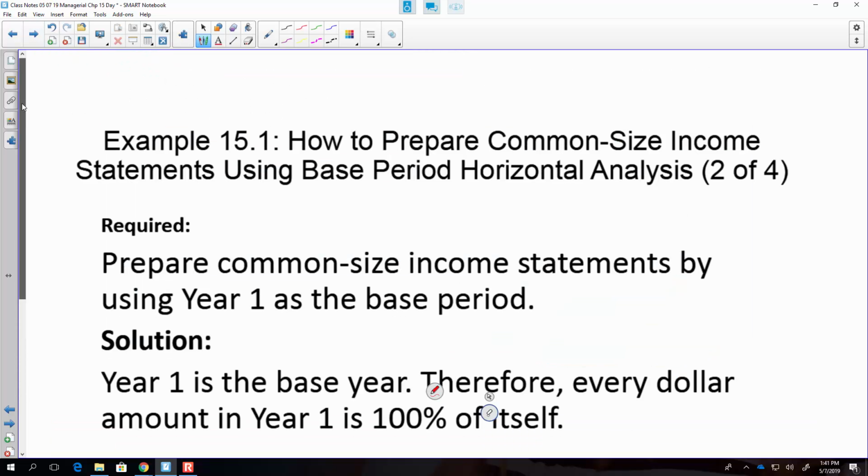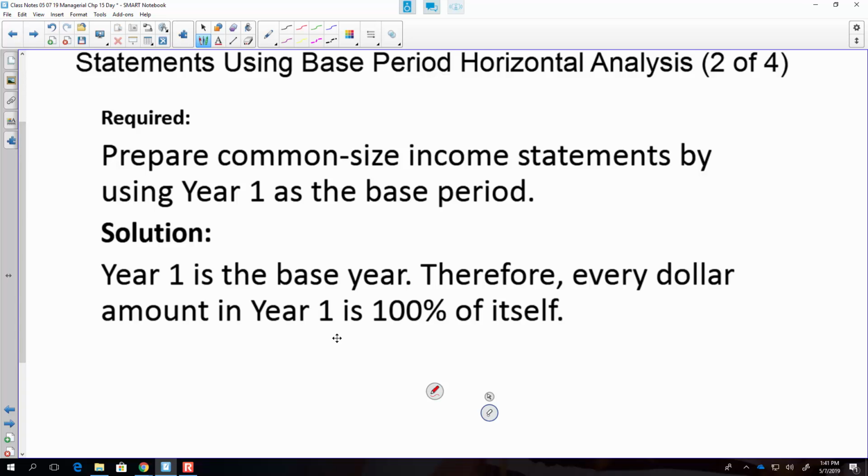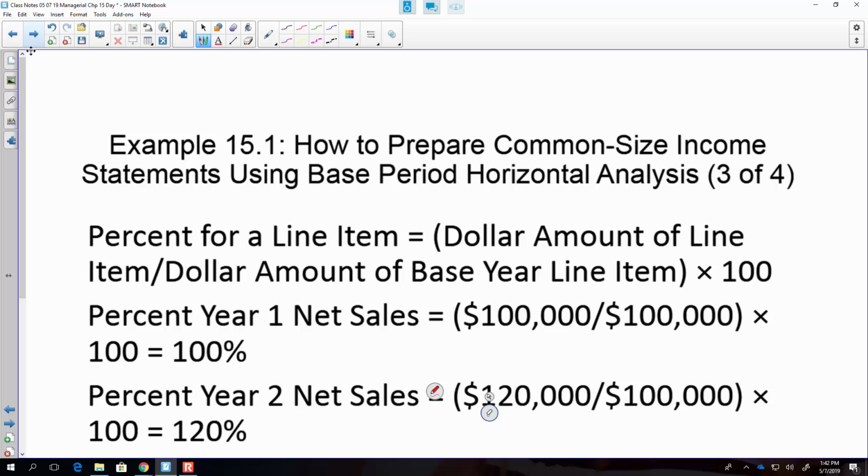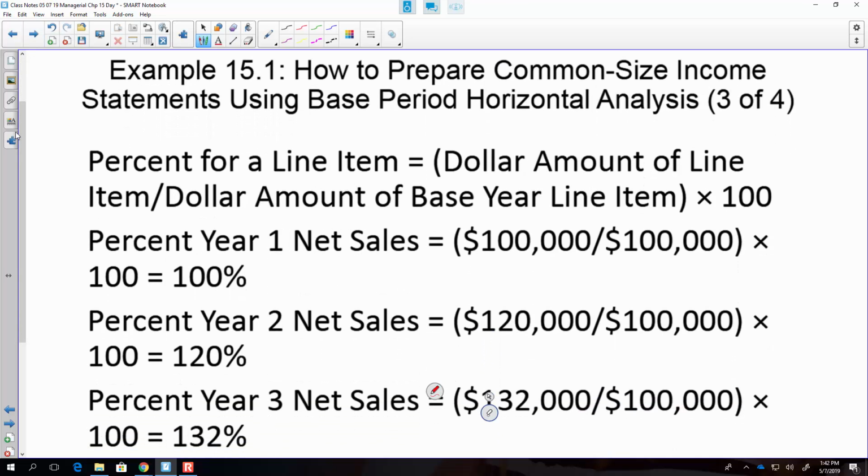So how do we get this percentage number that we are looking to do our analysis with? It's a simple division. Our base, our denominator, is always our base year 1 amounts. So if we divide base by itself, it's going to be 100%.